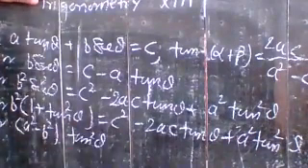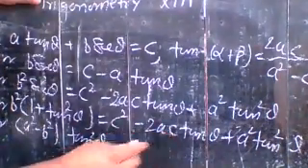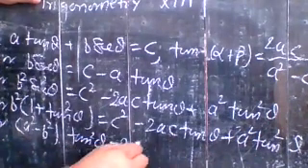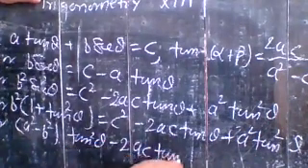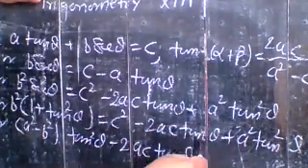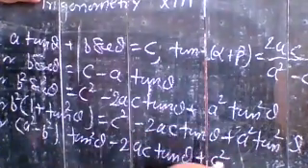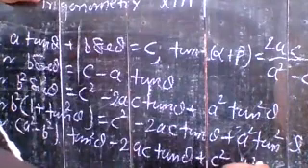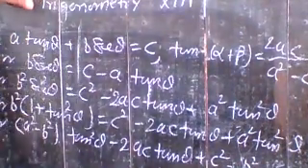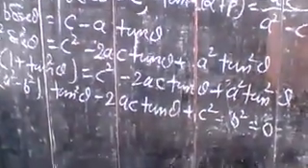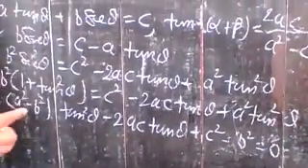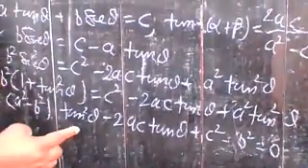Write the next term as it is, minus 2ac tan theta, and the constant term, which is c square minus b square, is equal to 0. In this way, you have a quadratic equation in tan.